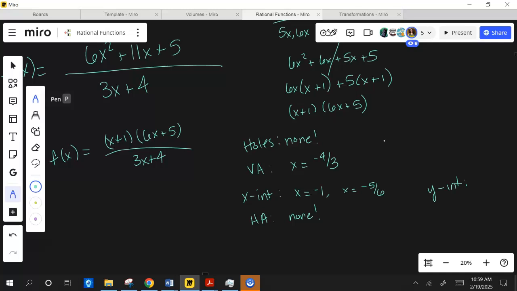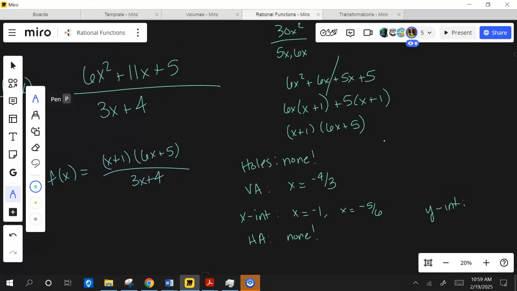Y-intercepts. So this one I put a 0 in for every x in my equation, right? Since I couldn't remove anything, I would go back to the original to plug in zeros. It's 5/4.